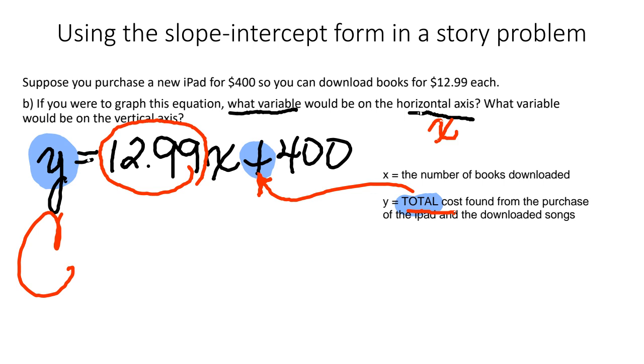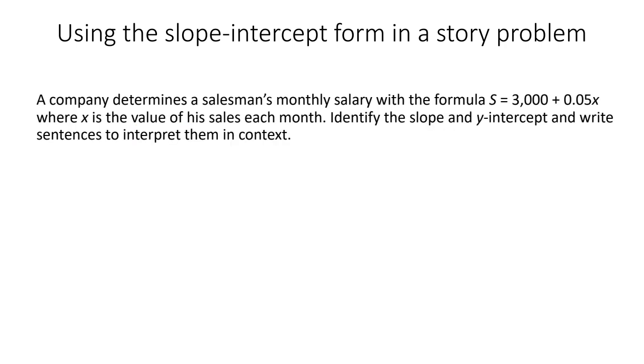Now, this one, okay, little different story. Now, this is where you're going to have to know a few things. This is saying a company determines a salesman's monthly salary with the formula right here. S is equal to 3,000 plus 0.05x, where x is the value of his sales.